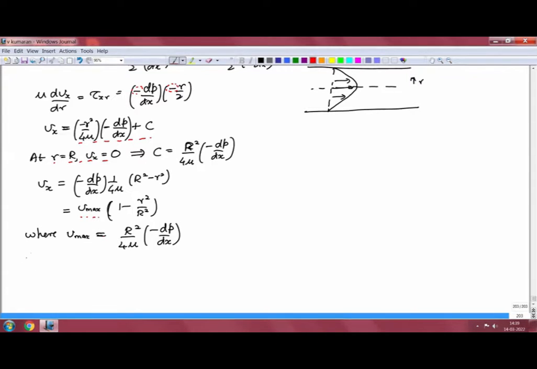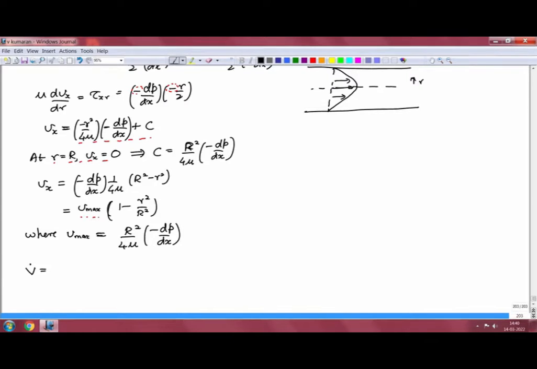What is the average velocity? The average velocity is equal to the flow rate divided by the cross sectional area. So, let us calculate the flow rate first. The volumetric flow rate V dot is the volume of fluid per unit time that is flowing through the pipe.